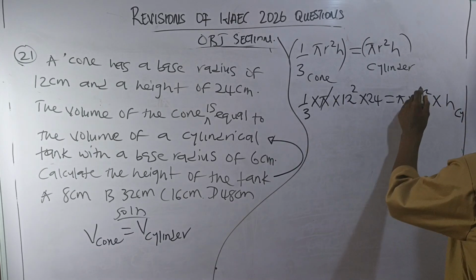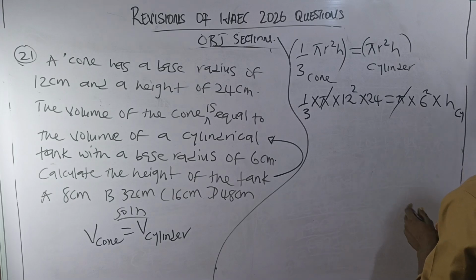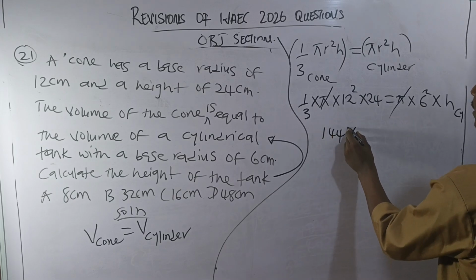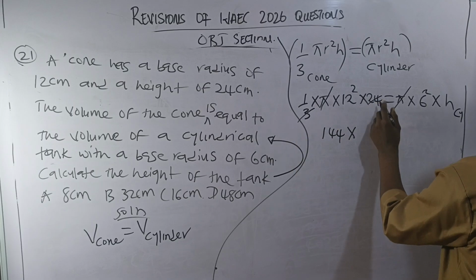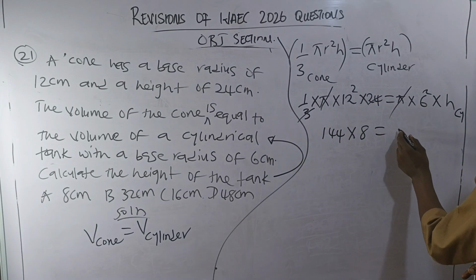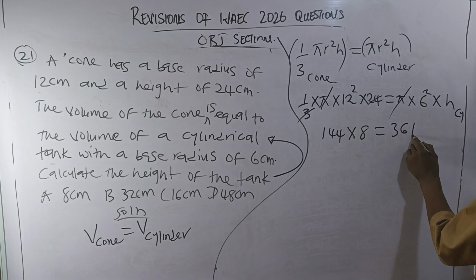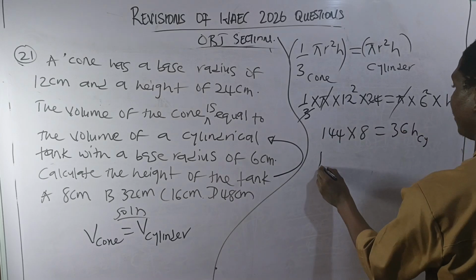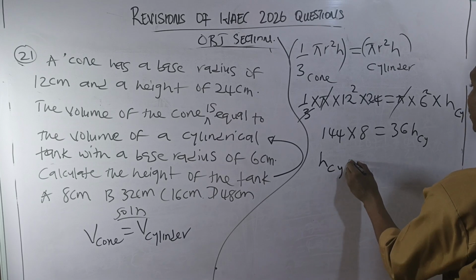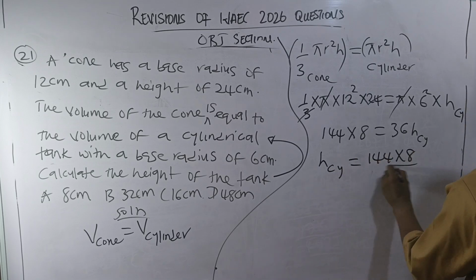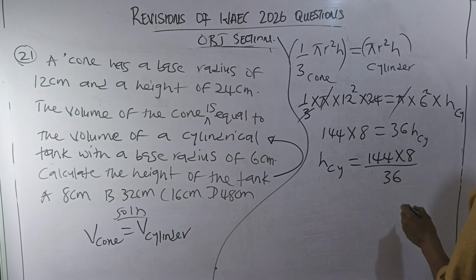So you can see that pi can cancel pi. 12 square is 12 times 12, which is 144. Times this can cancel the 3, 8 over 3, or 8. And this 6 square is what? 36. Now I will have h subscript cy, which is height of cylinder, to be equals to 144 times 8 all over 36.